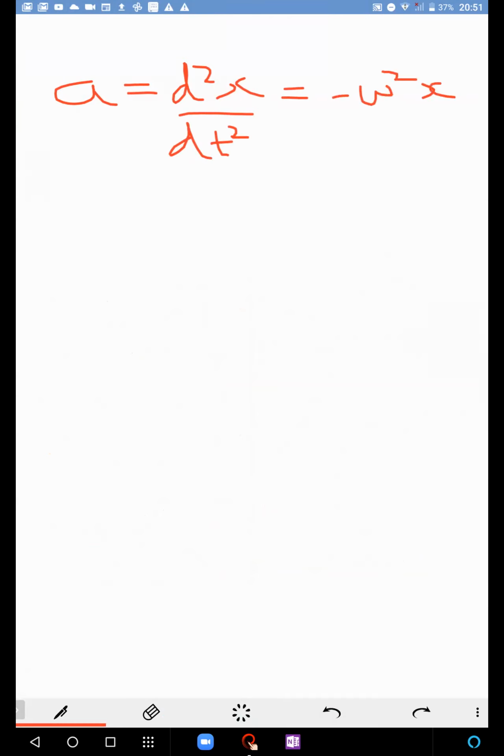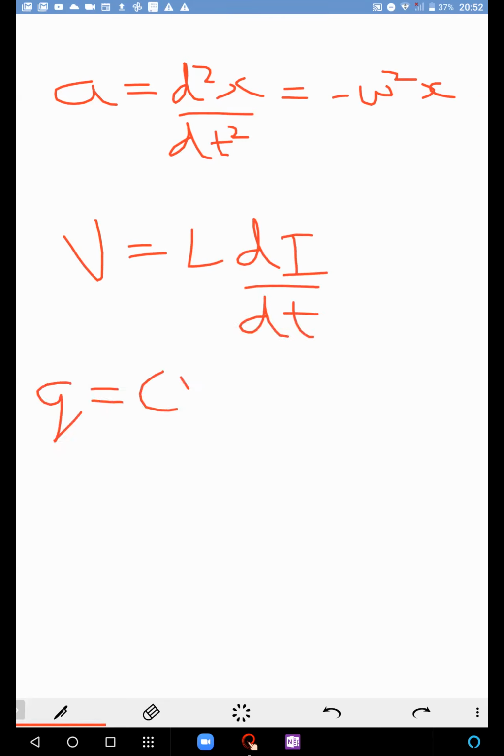Okay, and in AC you will have, तो potential difference, थोड़ा मैं वो रिवाइज करना पड़ेगा, is L di by dt. Q charge is C, the charge on a capacitor is CV.